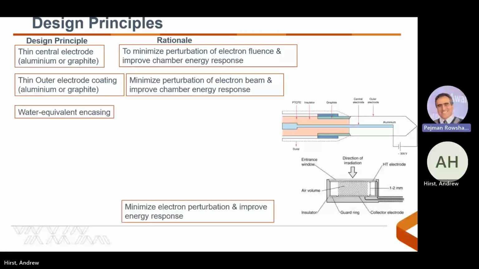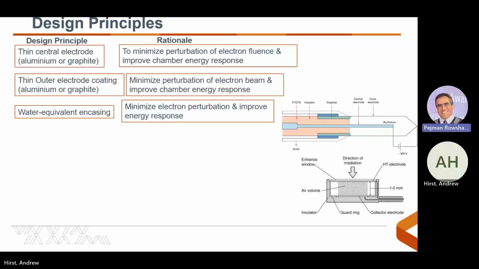Water equivalent encasing is again used to minimize the perturbation of your ionization chamber and improve its energy response. And as you see, the energy response is quite a big factor in ionization chambers. The way photons deposit their energy or contribute to collisional KERMA is highly dependent on the atomic number of the medium they're traveling in.